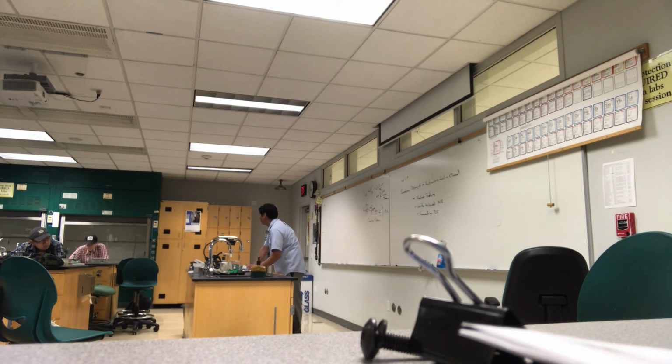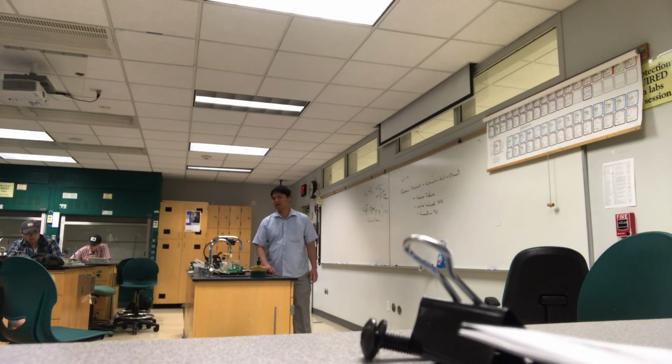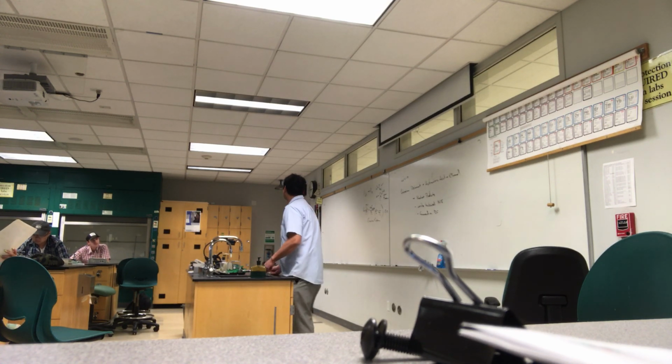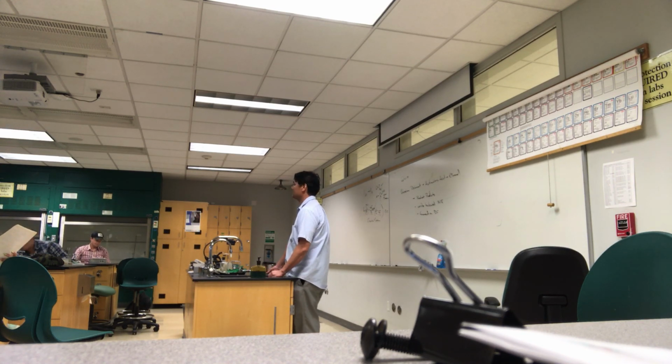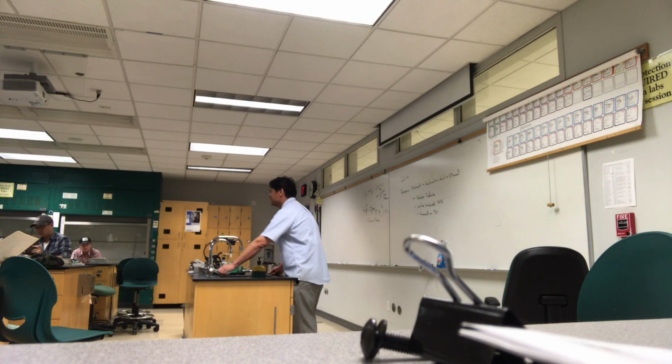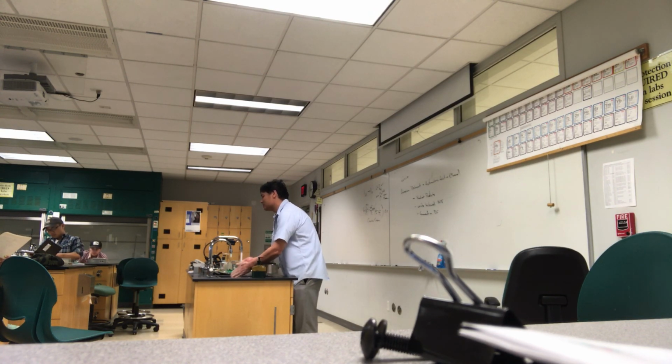How much time do you think you'll need for this? 10 minutes? 10 to 15 minutes was the time I allotted for this, but let's see. Let's do a progress check in about 10 minutes. You can work in groups. This is like a group quiz, not an individual quiz.